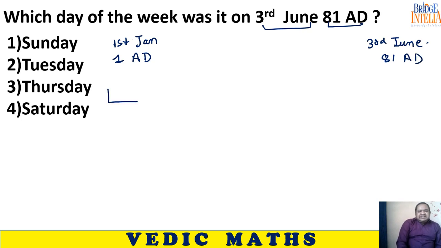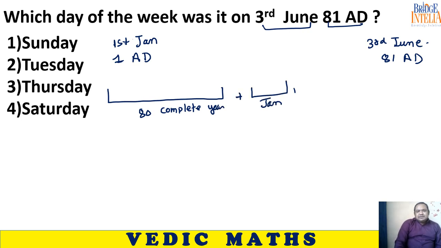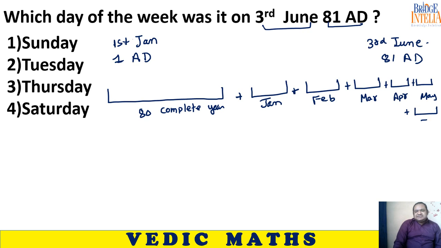So it means 80 complete years, and the 81st year is still going on. So January of that year, February of that year, March of that year, April of that year, May, entire May of that year, and then some days from June.